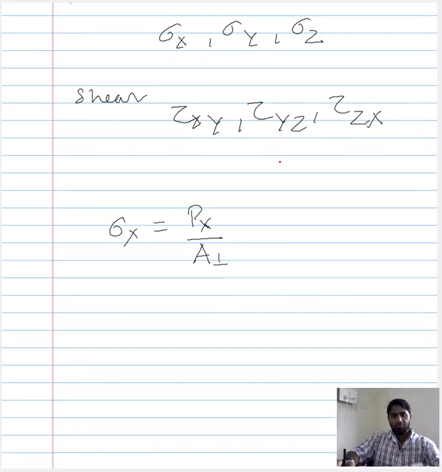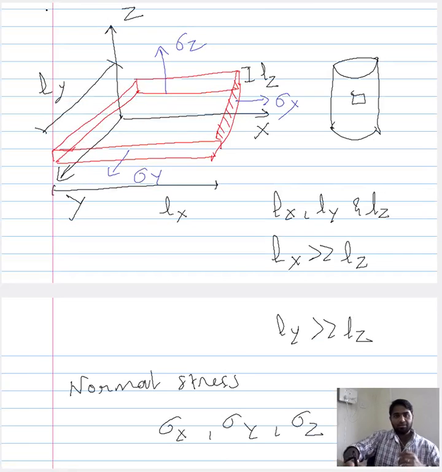Similarly, when you talk about the normal stress component along y, it would be the load along y and the corresponding area. So that area would be this one. And finally, when you want to talk about the normal stress component along the z direction, you have to include this whole area.